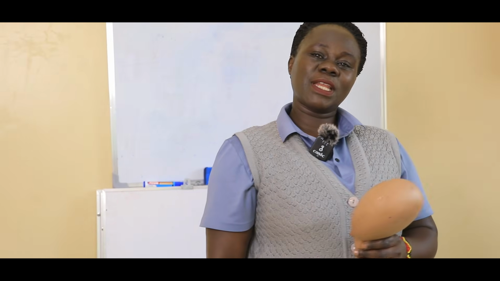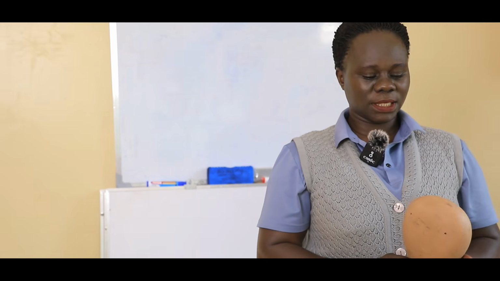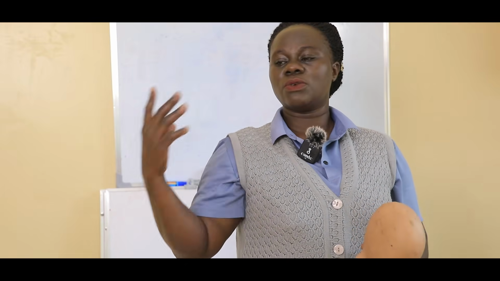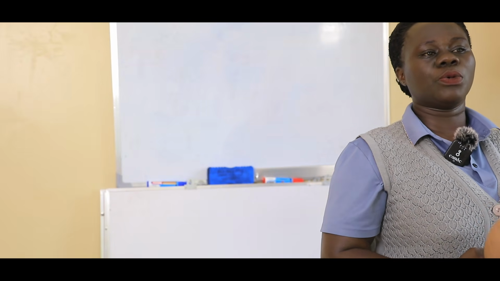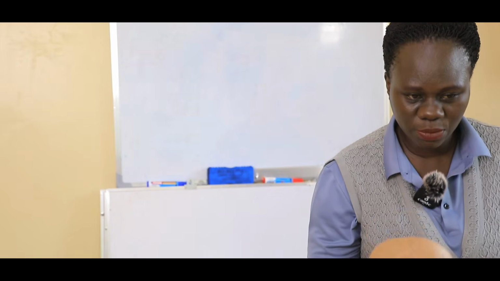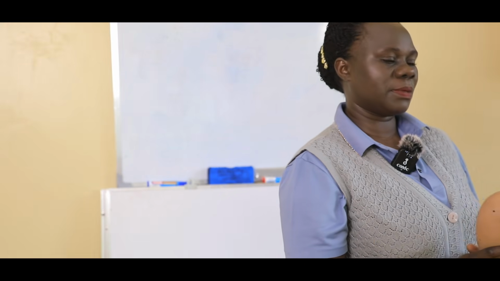The non-pregnant uterus weighs 60 grams. Remember, the pregnant uterus has a lot more weight because it contains the placenta, the amniotic fluid, the chorion and amnion. It is going to weigh much more than the non-pregnant uterus. The non-pregnant is 60 grams.